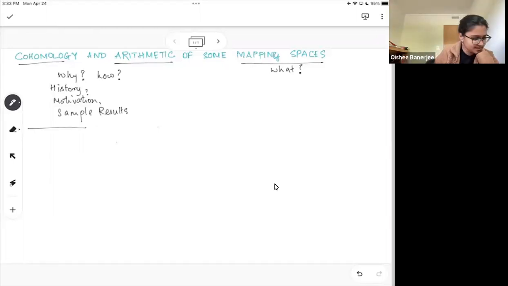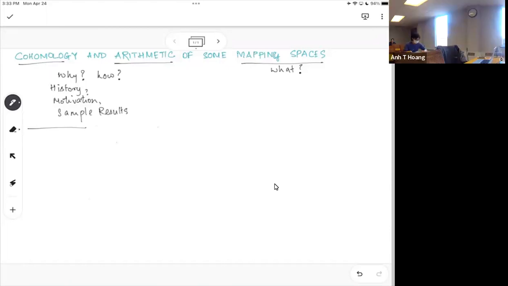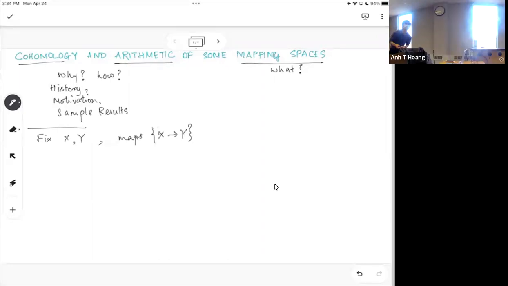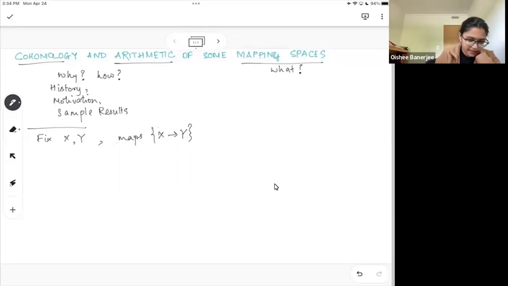So the mapping spaces that we specifically want to focus on: generally we can fix some X and Y, some topological spaces, manifolds, algebraic varieties, whatever. And in that category, we can consider the maps, the moduli space of maps in a certain sense, when it makes sense, need not even be non-empty.